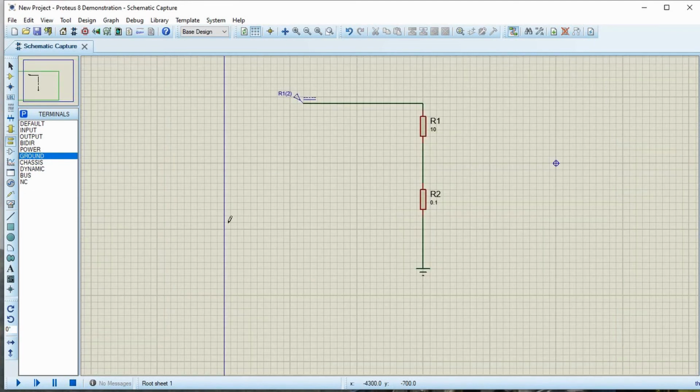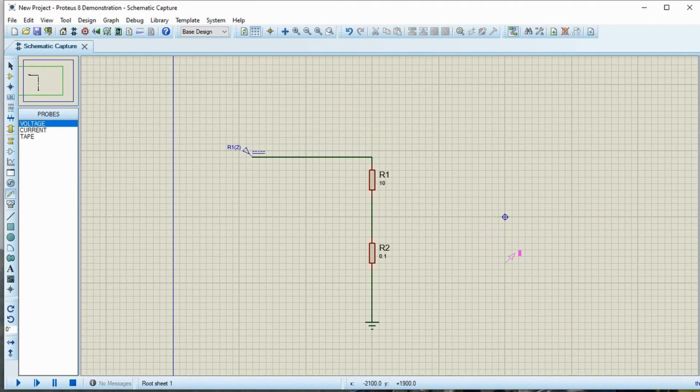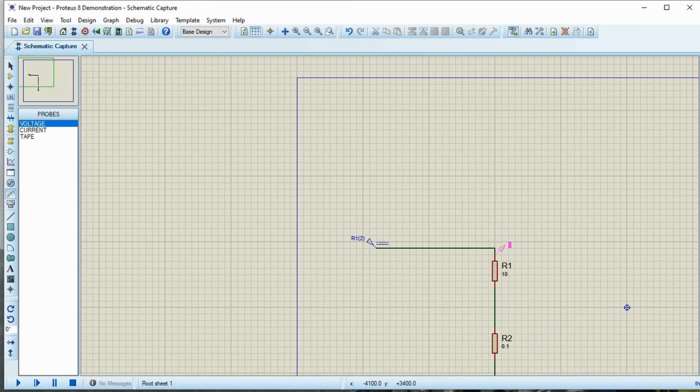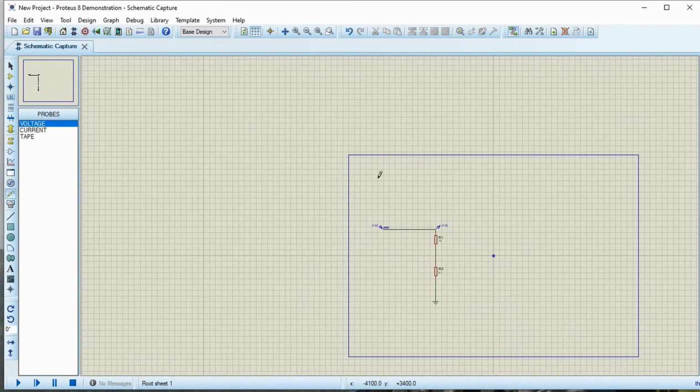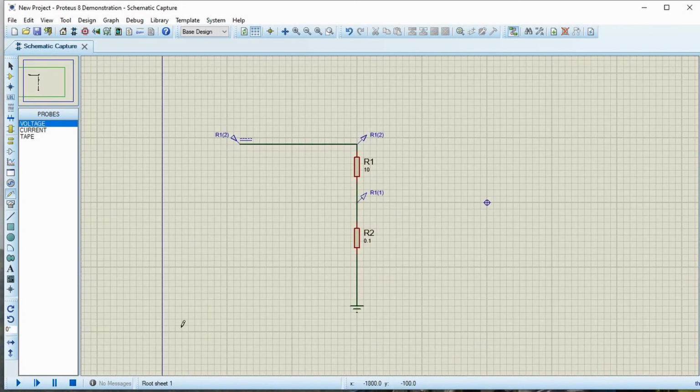Let's quickly simulate this. Let me put voltage probes, one here and one here. So this is 10 volts, and 0.1 volts is what we have to amplify. Let me rig up the amplifier circuit.